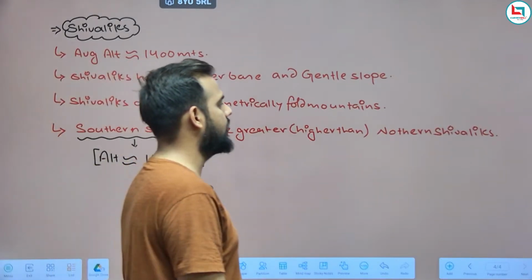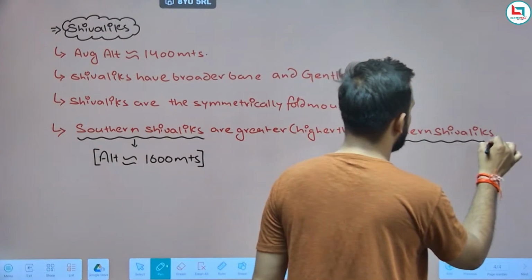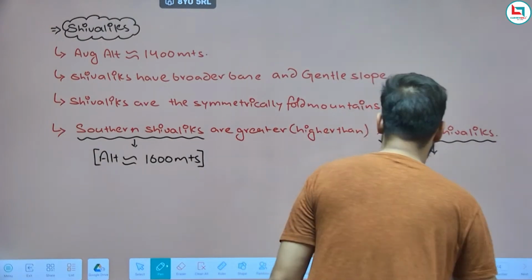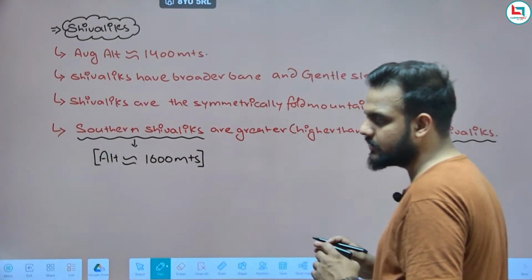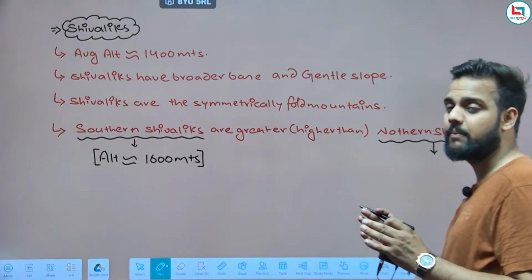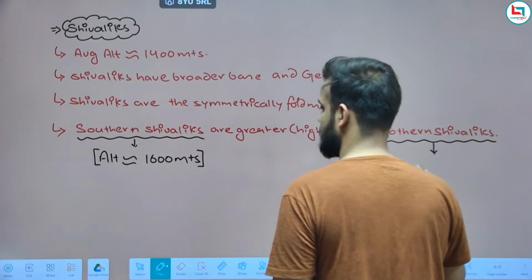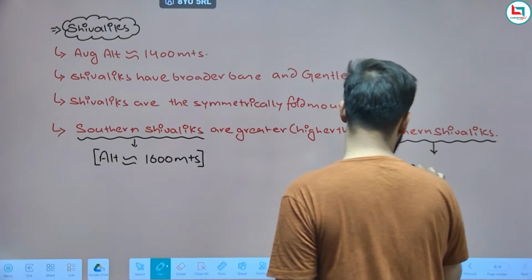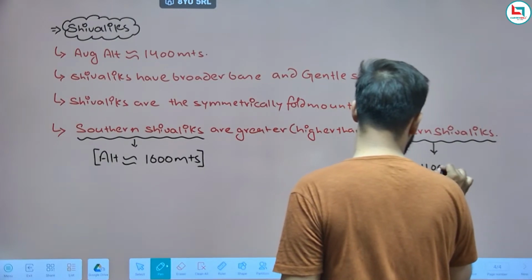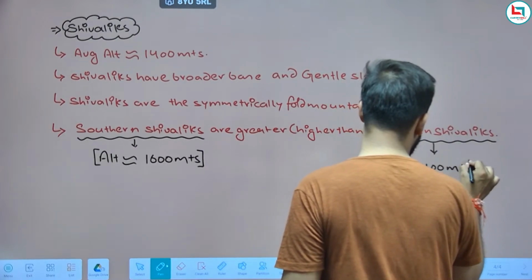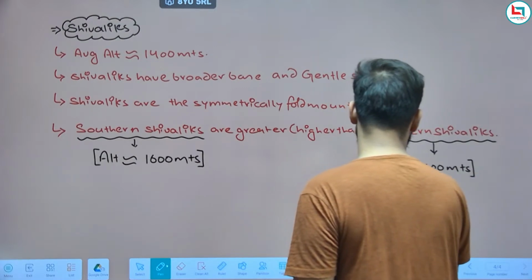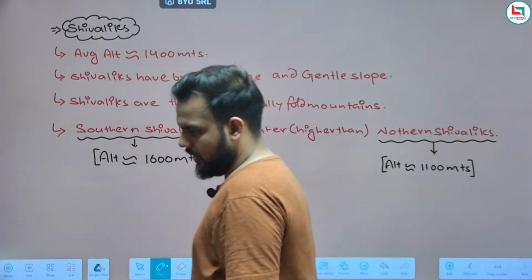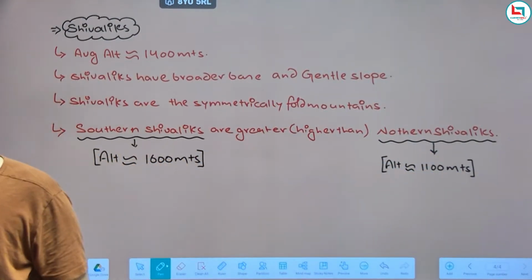And the average height of the northern Shivaliks is around 1100 meters. So this is the height of the Shivaliks.